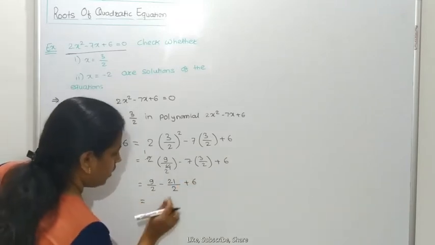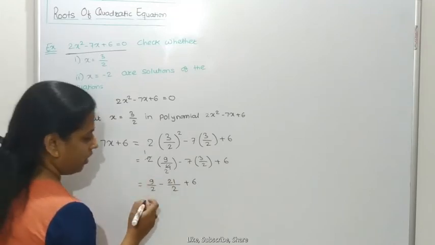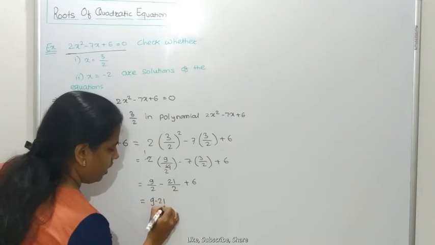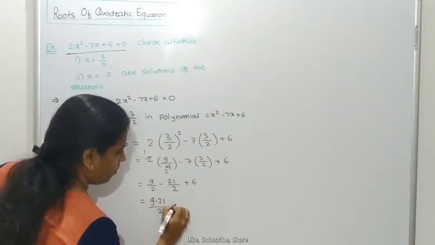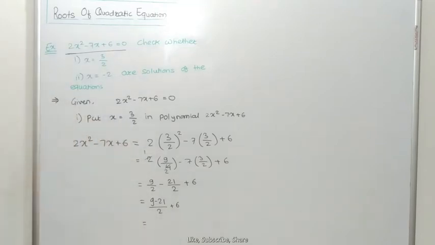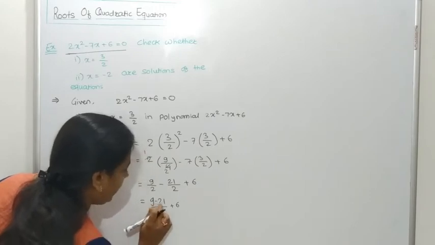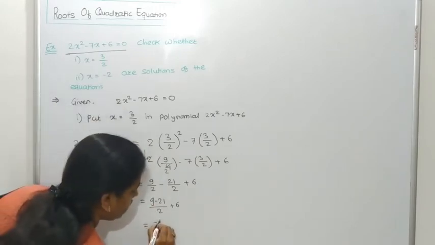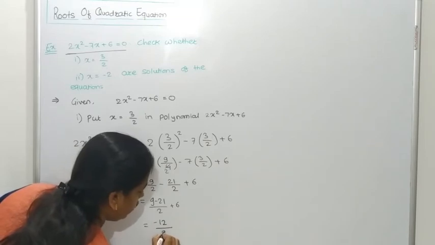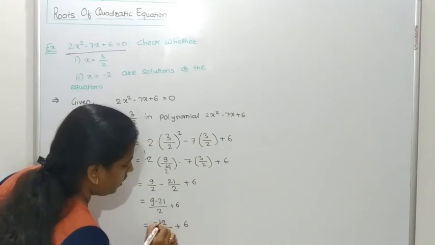The denominator is the same, so we perform the subtraction on the numerator: 9 minus 21 upon 2 plus 6. 9 minus 21 is minus 12, because the bigger number has the minus sign. Then 2 sixes are 12.